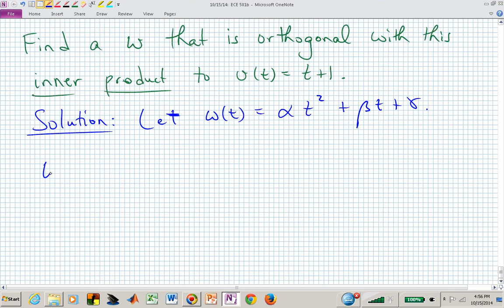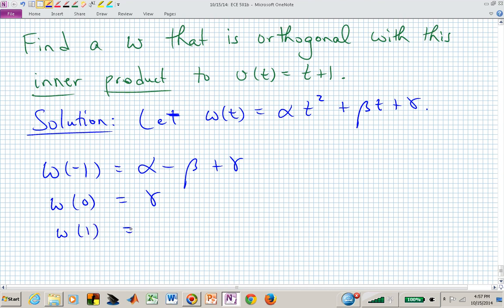And now we can evaluate that W at the 3 different points. W of minus 1 is going to be alpha minus beta plus gamma. W of 0 will be gamma.